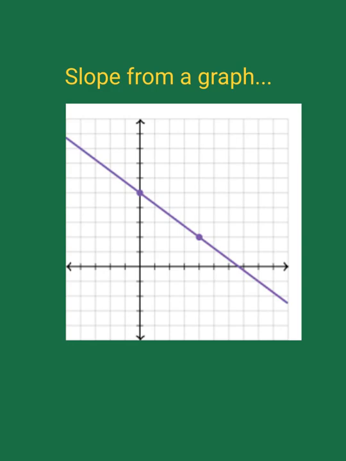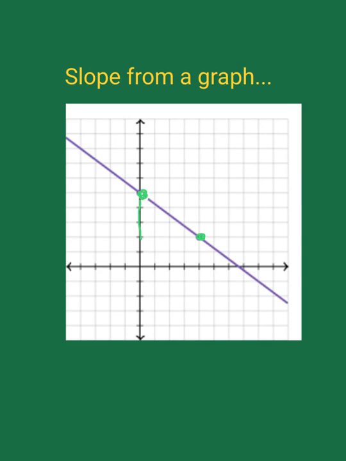To calculate the slope, you pick 2 points that are on the graph. I'm just going to pick these 2 points right here that have already been chosen for me, these blue dots that I'm changing into green. Once you have chosen those 2 points, you make a right triangle.